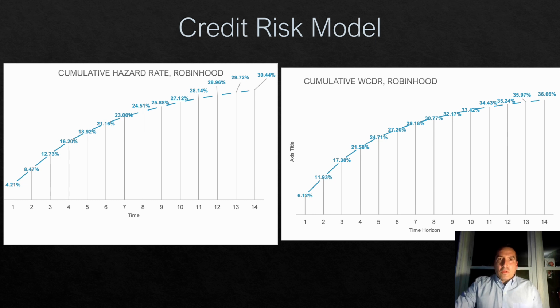So the implications of this are fourfold. In risk management, the model helps us quantify the default likelihood, crucial for managing risk and allocating resources effectively for the firm. It also helps in capital allocation. The WCDR informs Robinhood's economic capital needs and enables efficient capital allocation across customer segments. It also informs pricing.